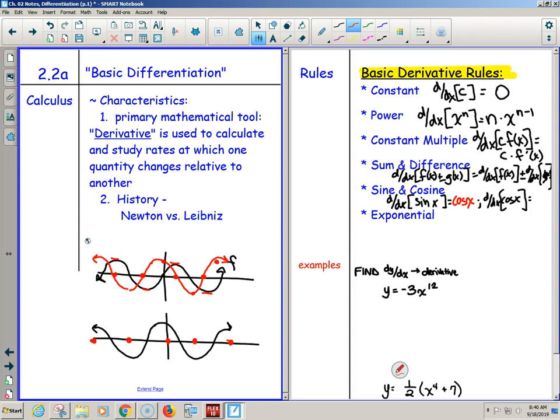Careful, downhill slope. And then positive 1. Let's see what its derivative is. Sine, almost. Why negative sine? Sine starts by going up. This one's going down. The derivative of cosine is negative sine.